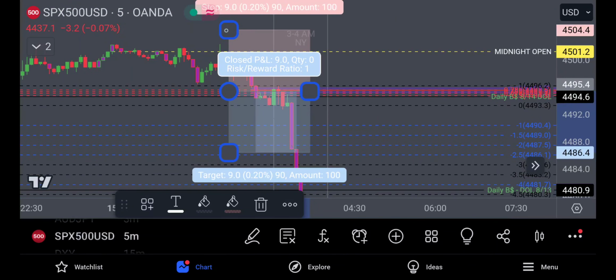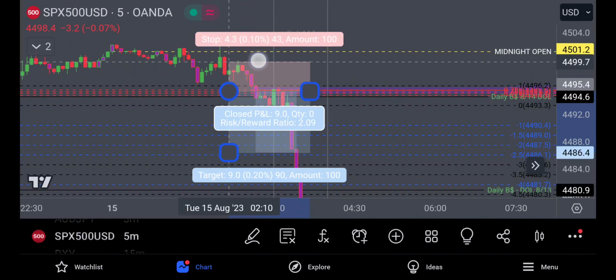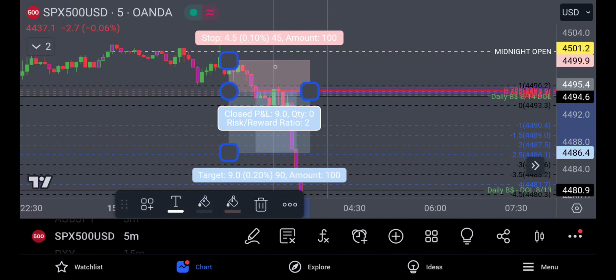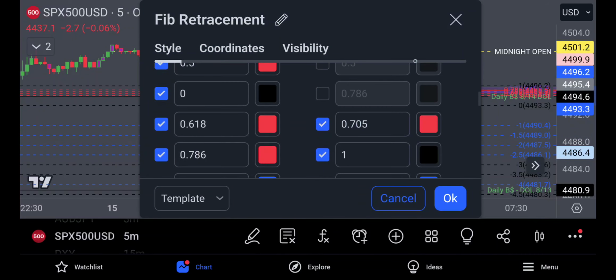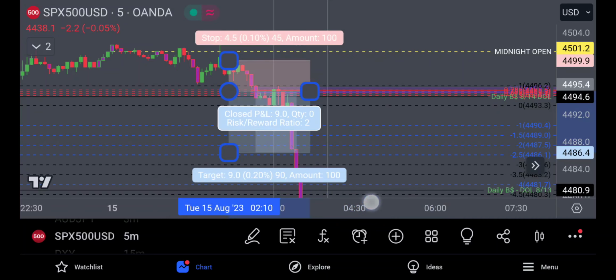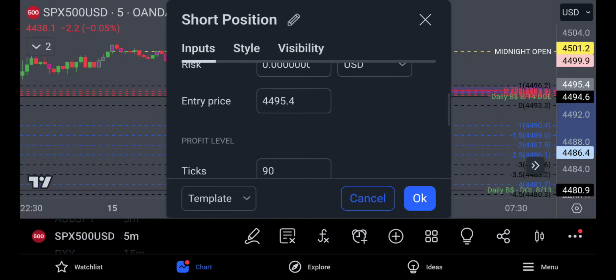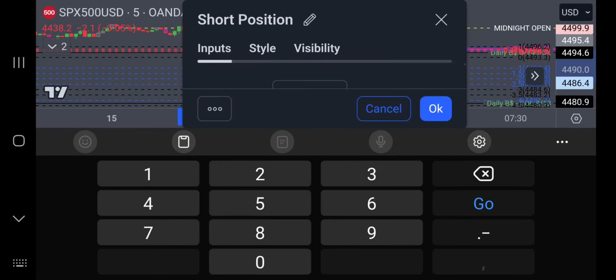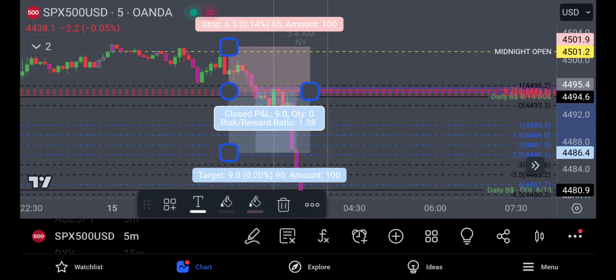My stop loss is going to cover these FVGs. It's going to go about 2 pips above that swing point. So 65.